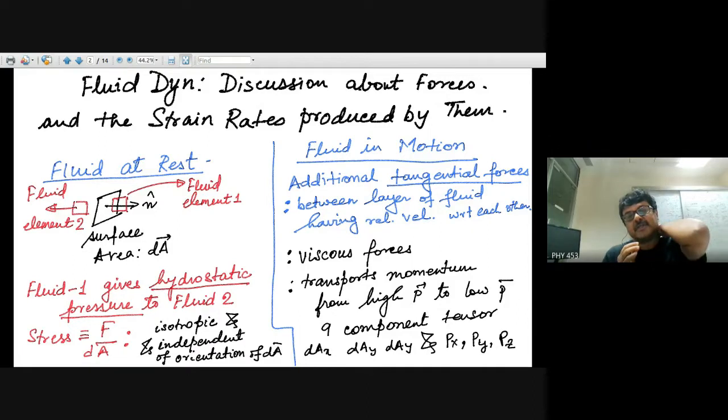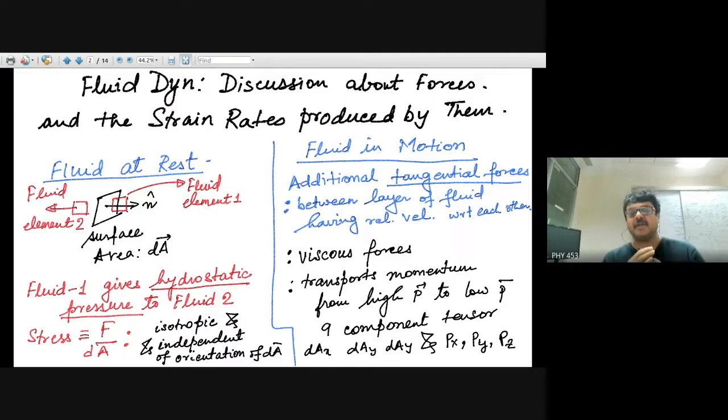Okay, now we are talking about viscous forces, tangential forces, normal forces, and in general, force acting per unit area. Suppose you fix a coordinate system, and then for simplification, you could have dAx, dAy, and dAz. This should be Z. So normal to different areas.